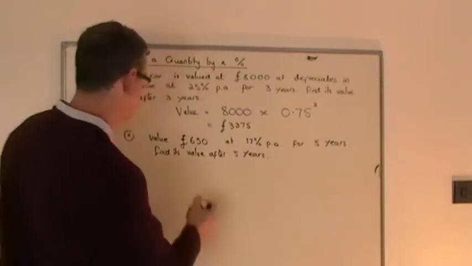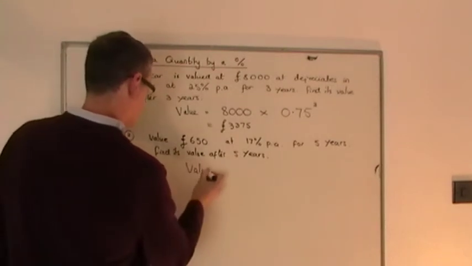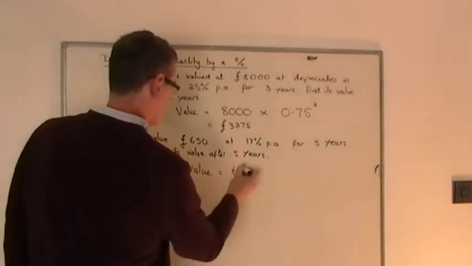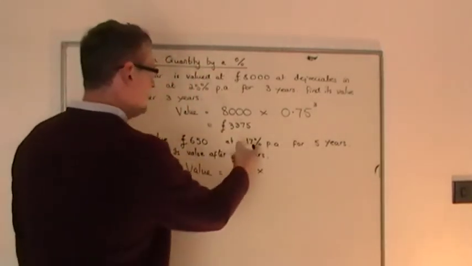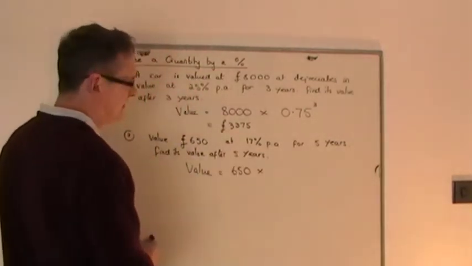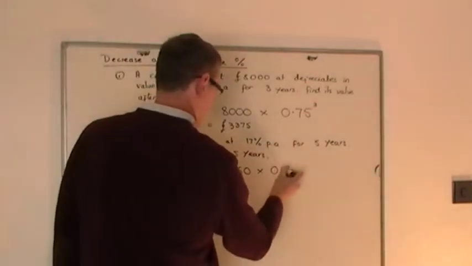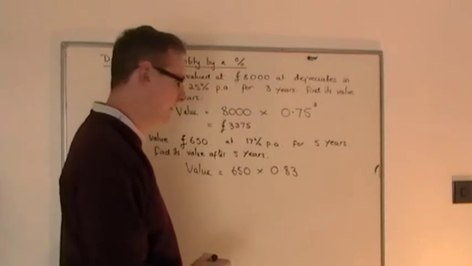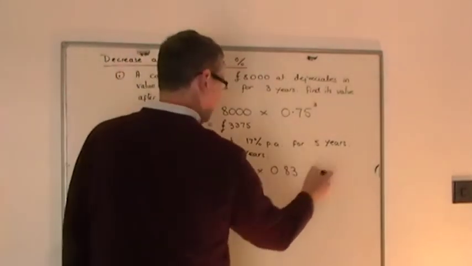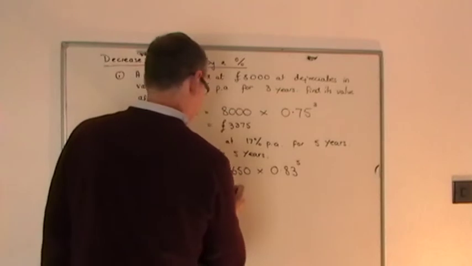But let's see what happens to this one. The value after 3 years will be equal to, it starts off at £650, multiply it by, it decreases in value by 17%, so times by 0.83 would be a 17% decrease in value. If we're doing it for 5 years, you just simply write power 5.